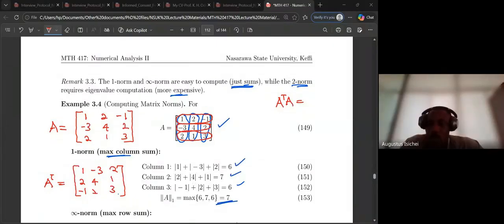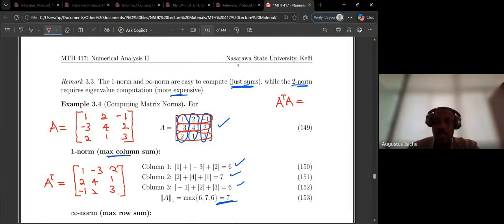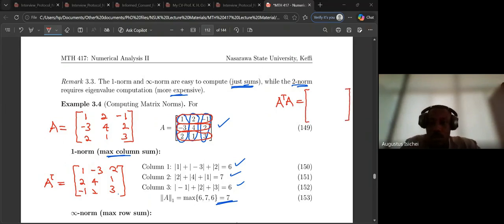Alhaji Bala, your hand is up. Who wants to answer the question? Please give me the products. What's the product of A transpose and A? Who is answering my question now? Bala, your hand is up. You want to say something? Go ahead and give me the products.